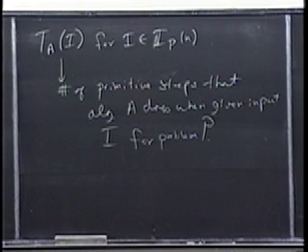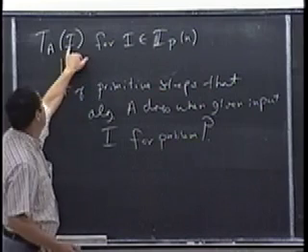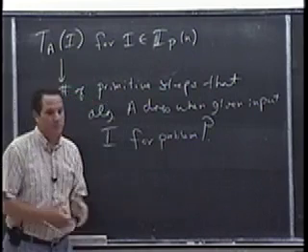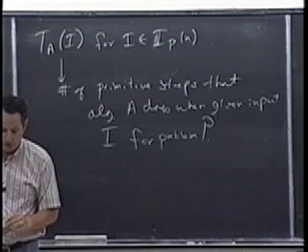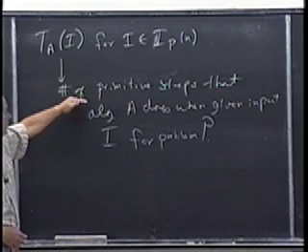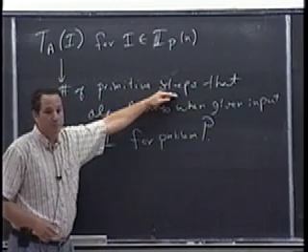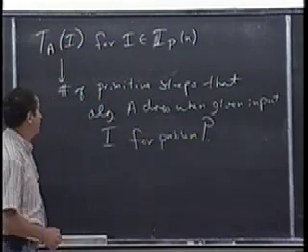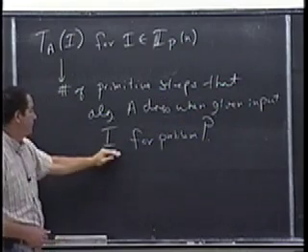And it does the same thing every time you give it the same input. And therefore, we can learn things about what it does when it's given that input. What we focus on here is the number of primitive steps or primitive operations that that algorithm does when given that particular input I.